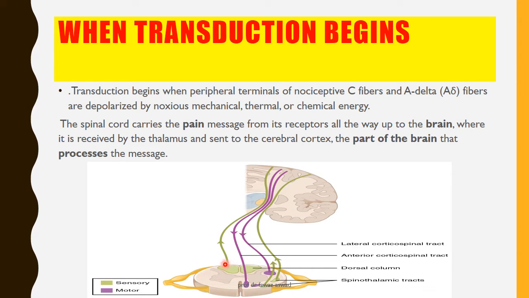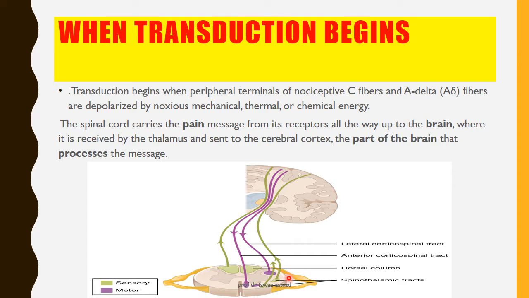which is going to be received by the thalamus and the cerebral cortex, and these areas are responsible for processing the message which is transmitted from the spinal cord to the brain.